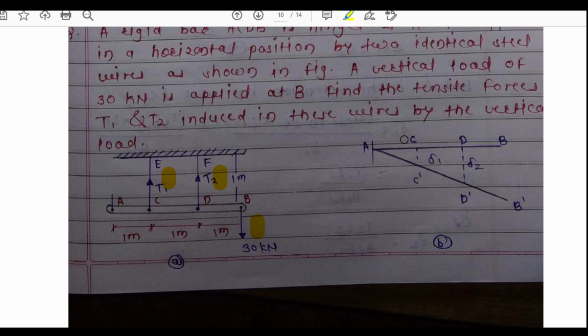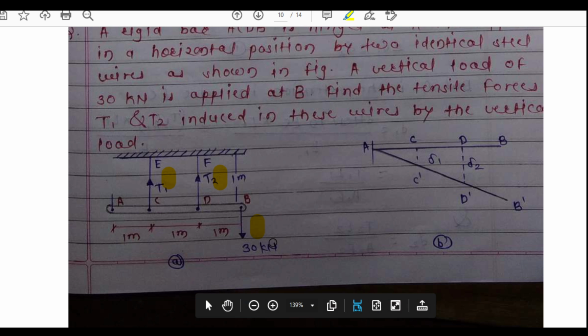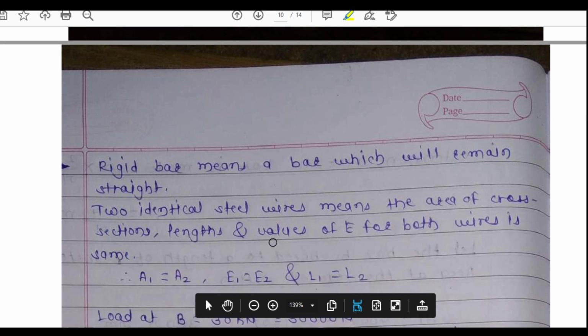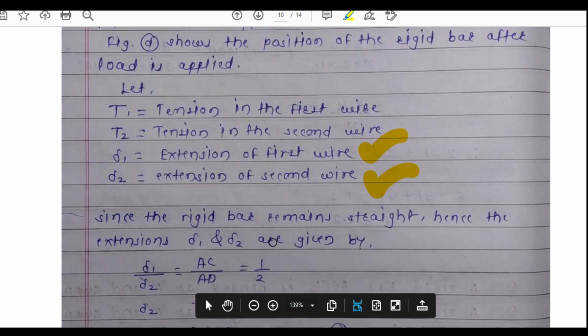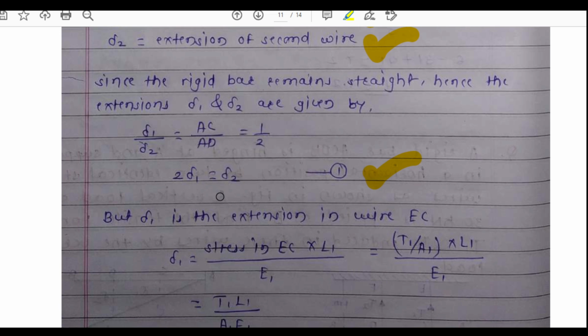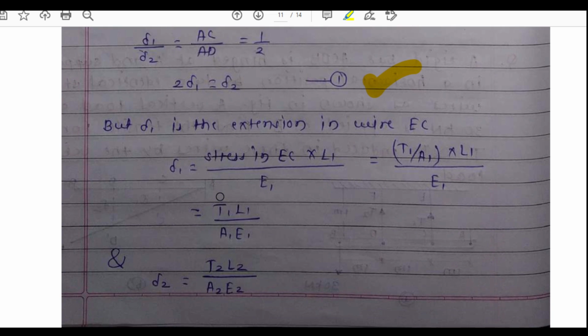Now the AC value is 1 and the AD value is 1 plus 1, that is 2. They have given the lengths. So 2 delta 1 equals delta 2 we will get. But delta 1 is the extension in wire 1, that means the extension in wire EC.